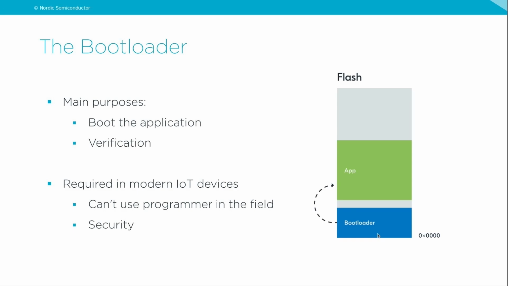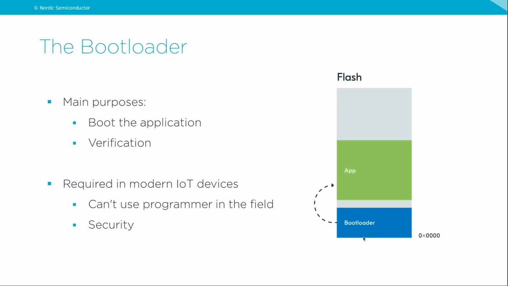And I promised you to say a bit about why you would want a bootloader. The booting the application is, it's nice to not go directly into the application and have something that runs before it, so that you can update the application.